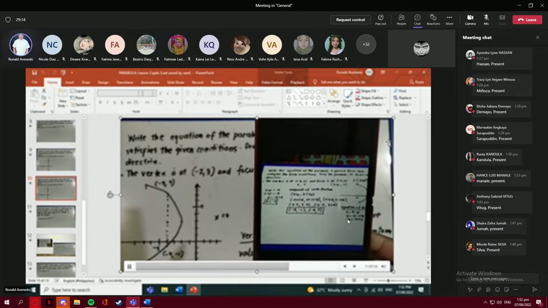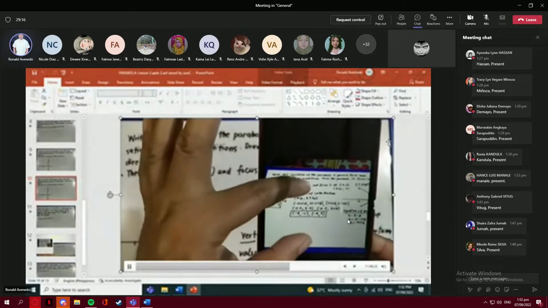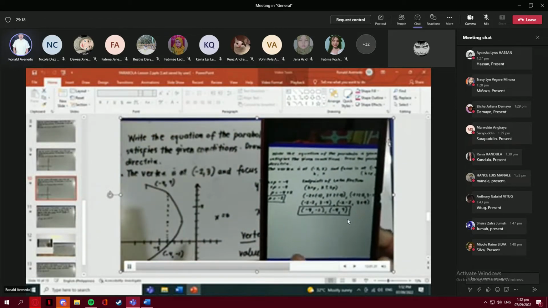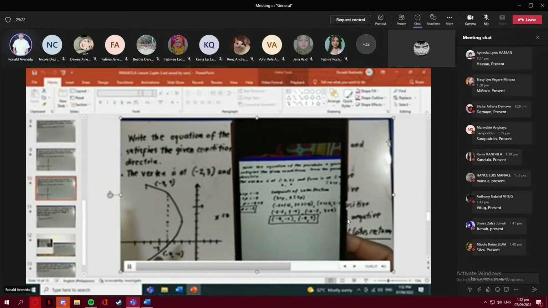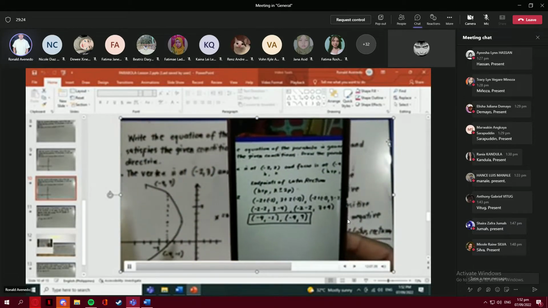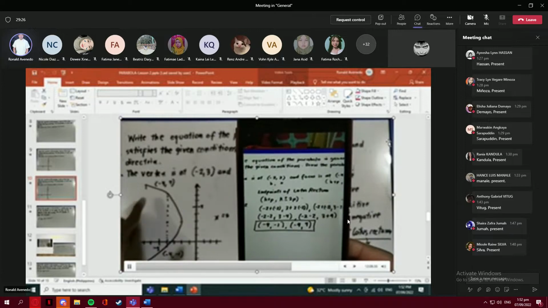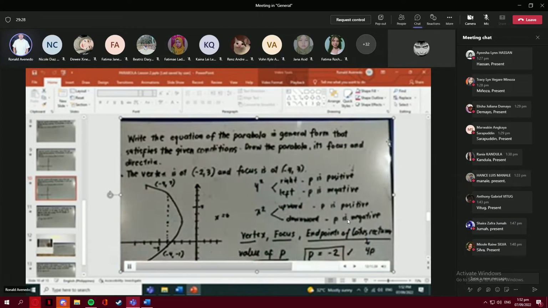Dito. So andito siya. Negative 4, negative 1. Pareho. Then the other endpoint is negative 4, 7. Then we have here negative 4, 7. So, correct. So that is the shortcut method in graphing a parabola.